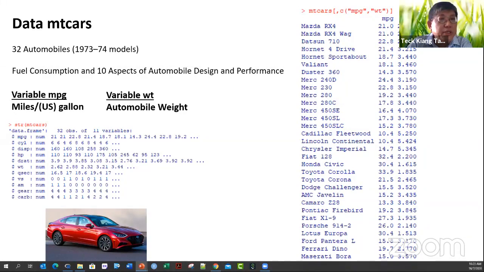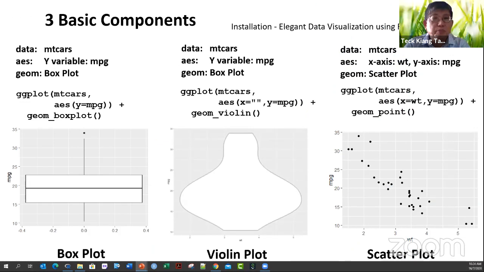The variable mpg is miles per gallon, and another one is wt, the weight of the car. So if you want to see what is inside for only these two particular variables, we put mtcars, then a comma, c, then mpg and wt. That's the syntax. We shall go through R to see how it generates, right? And then these are the three parts. We'll introduce the syntax here, then we'll go to the R program to see how it runs.